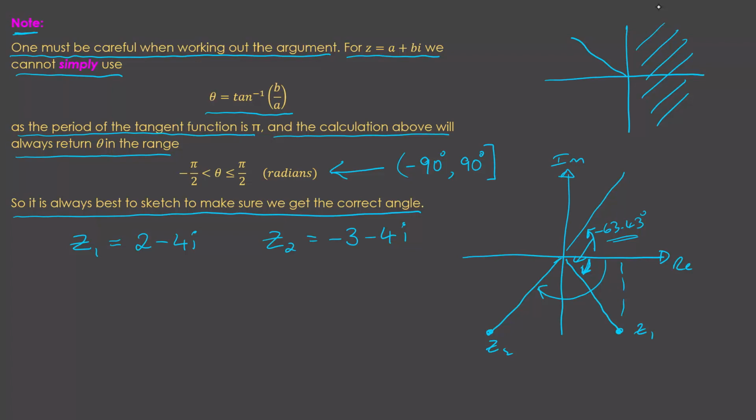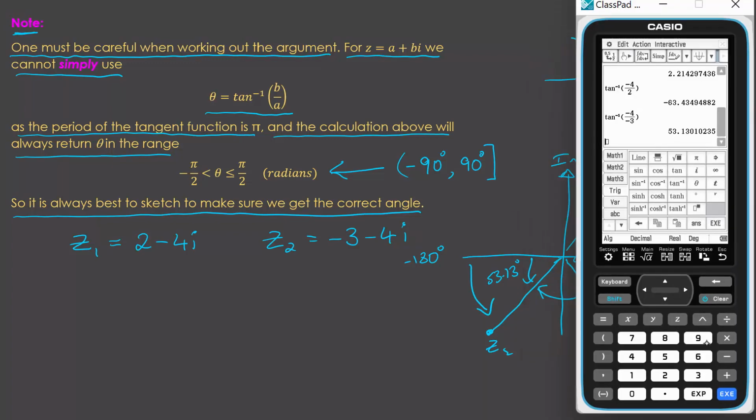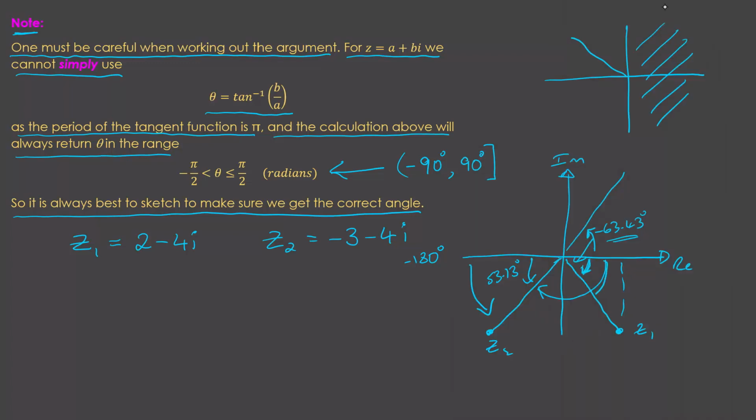But my sketch tells me that this is actually the 53.13, and that what I need to do is go from negative 180 degrees, I need to go forward 53.13. So that one would be negative 180, add the last answer, and that would be at negative 126. And we can see that this angle is in the right position then.